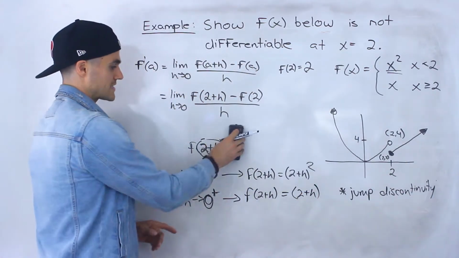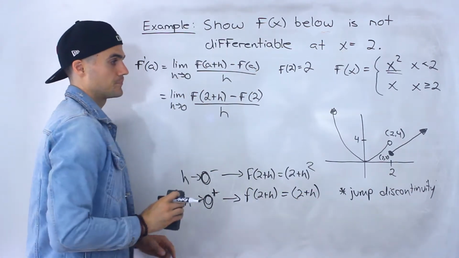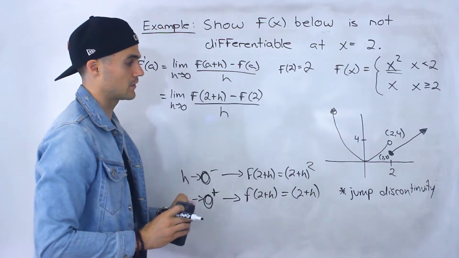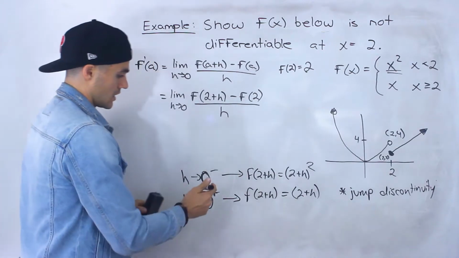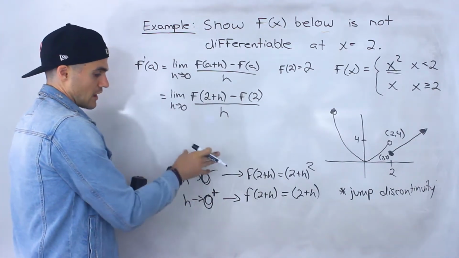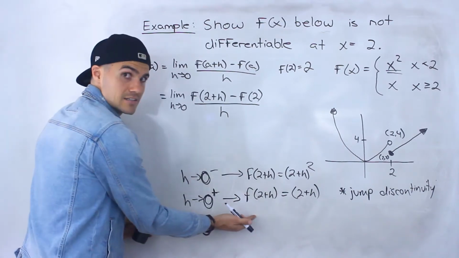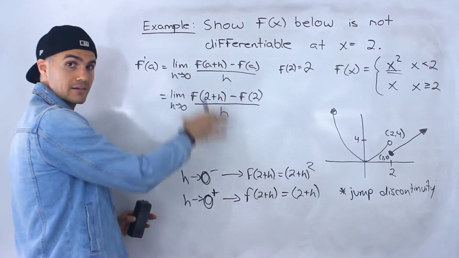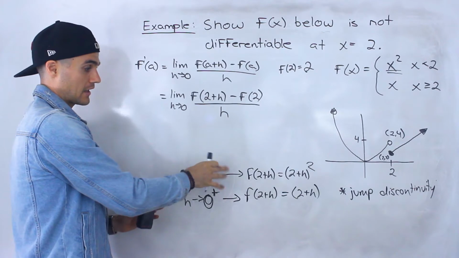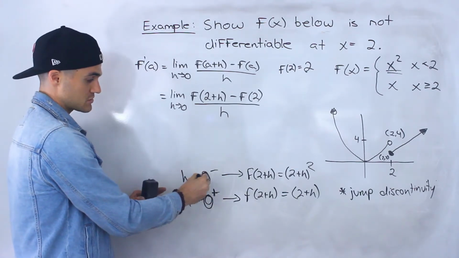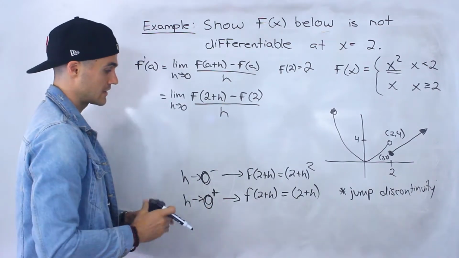All right, so that's what makes this example more complex than the other ones, in my opinion, because for the other ones, we were able to deal with this at the end when we simplified the limit, and we ended up having an expression at the end, and then we could look separately as h approaches 0 from the negative side or from the positive side.